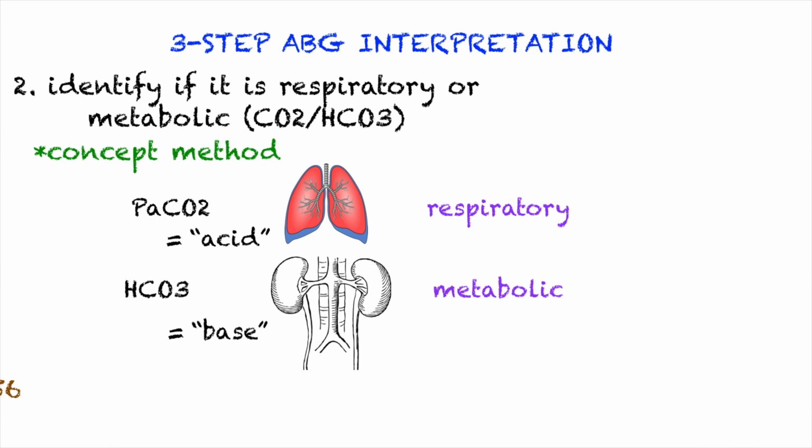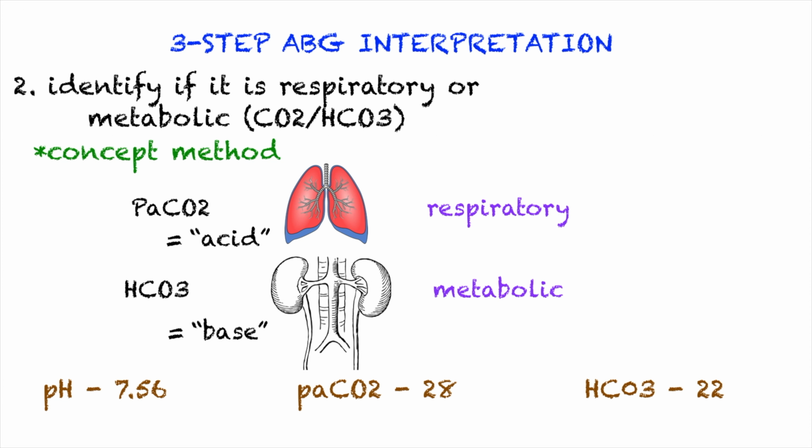Another example. pH of 7.56, PaCO2 of 28, and bicarbonate of 22. The pH, what does this tell us? Is it acidosis or alkalosis? It's alkalosis. It's more than 7.45. Looking at the PaCO2, our normal is 35 to 45. It's less than 35. Look at our bicarbonate. Is this normal? 22 to 26?